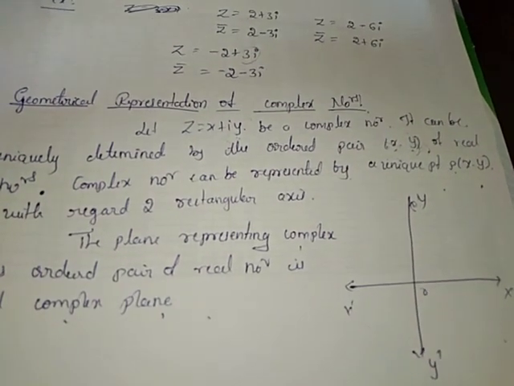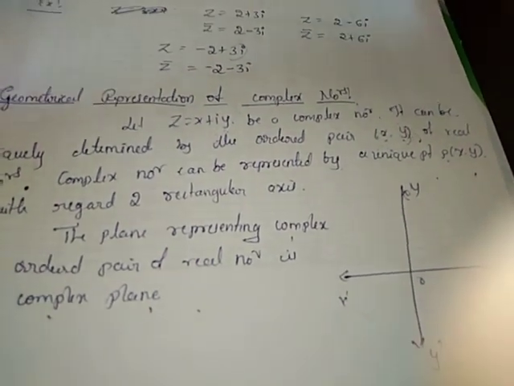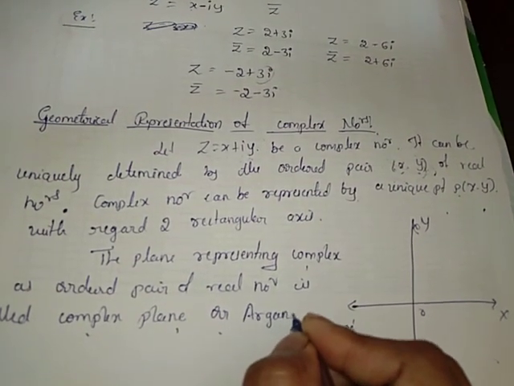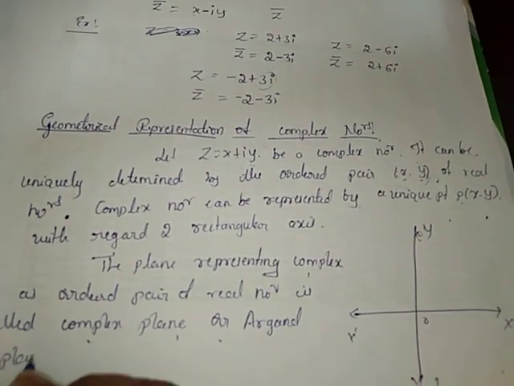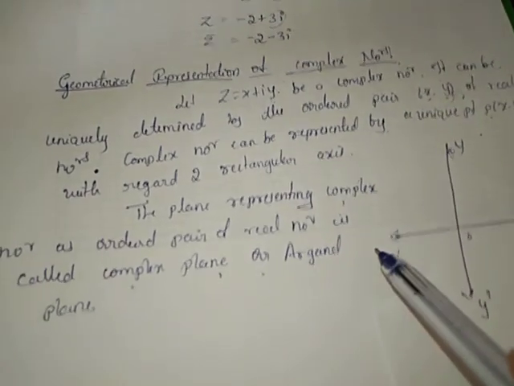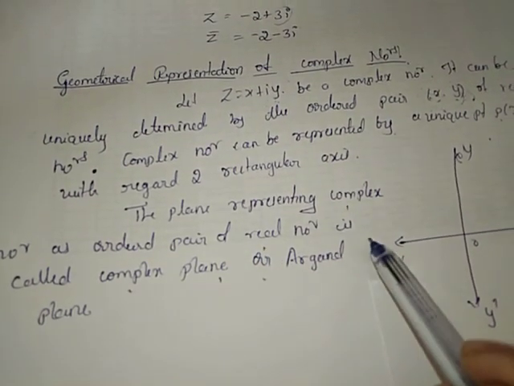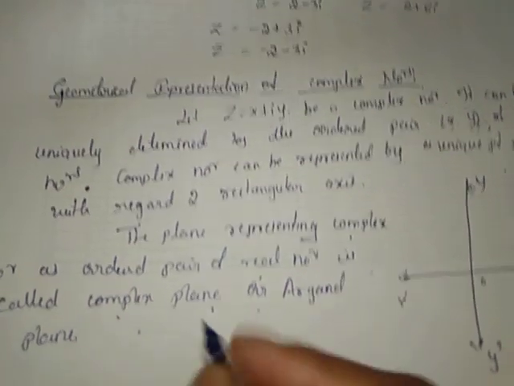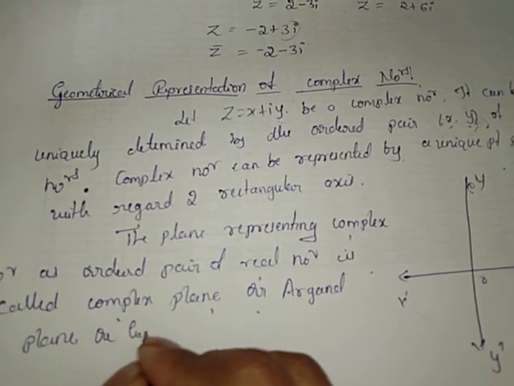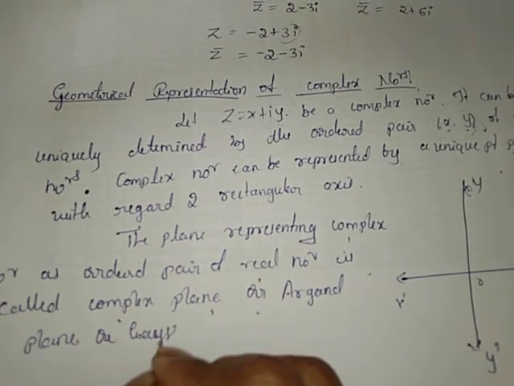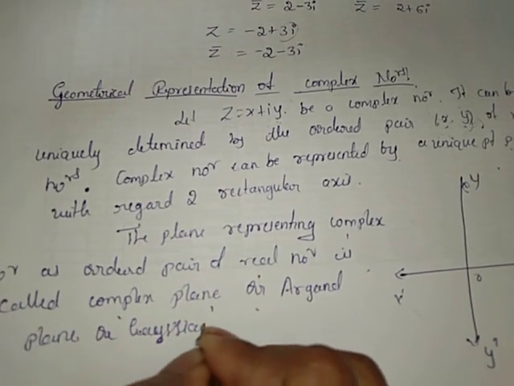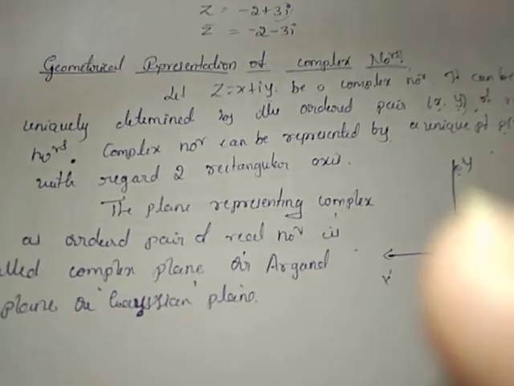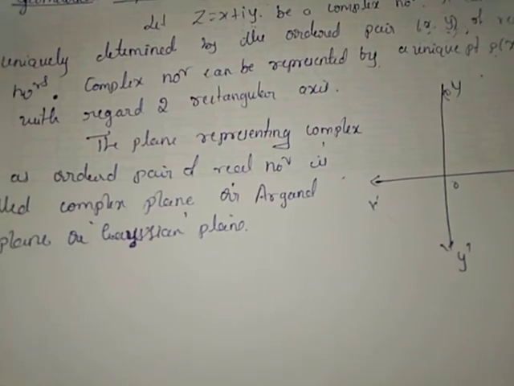This plane is now called the complex plane or Argand plane. The representation of the complex number as an ordered pair of real numbers is called the Argand plane or complex plane or Gaussian plane.